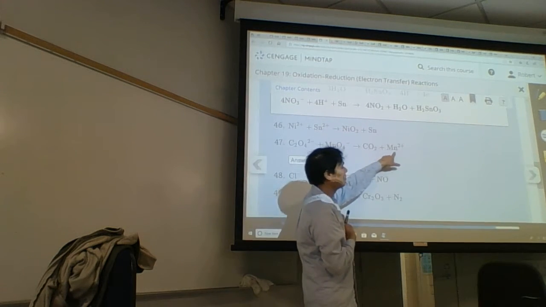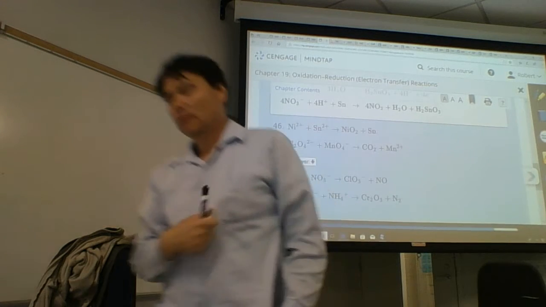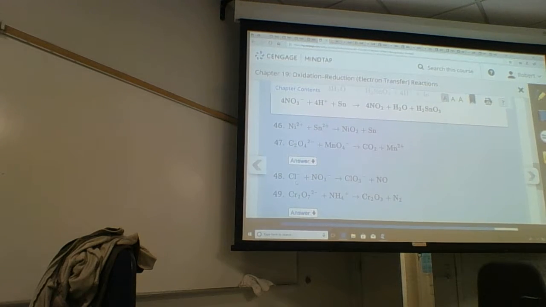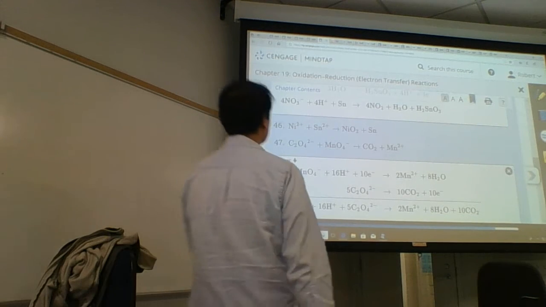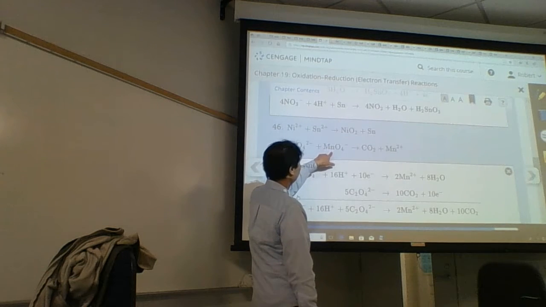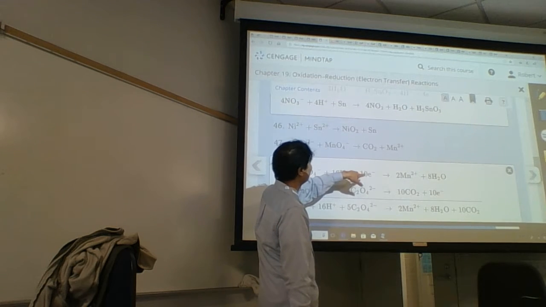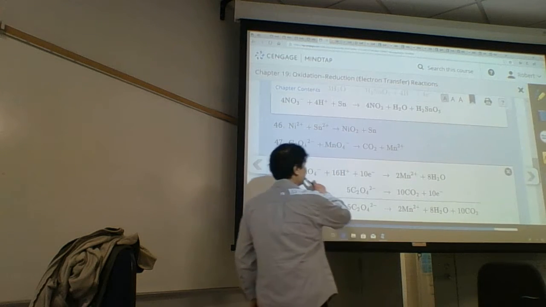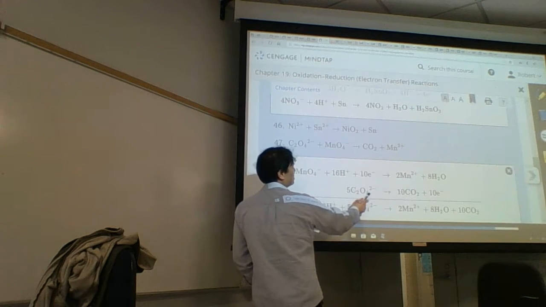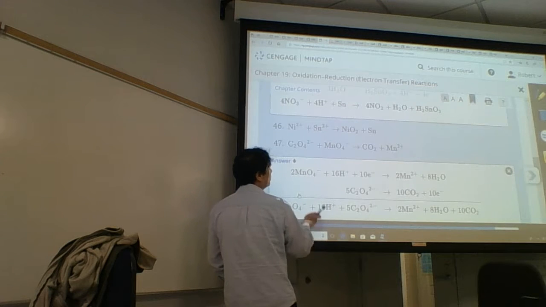We just copy that one off the chart. Permanganate goes to Mn2+. We can copy that one off the chart, and what does that look like? Well, it looks like this, actually. They doubled it. What it looks like is permanganate plus 8H+ plus 5 electrons goes to manganese 2+ plus 4 waters, and then they doubled it to get 10 electrons because the oxalate needs 10 electrons.